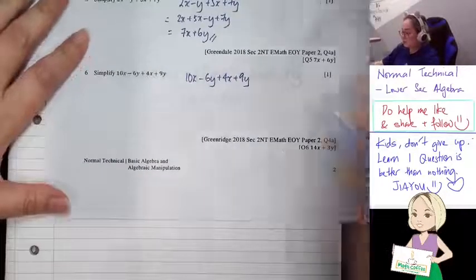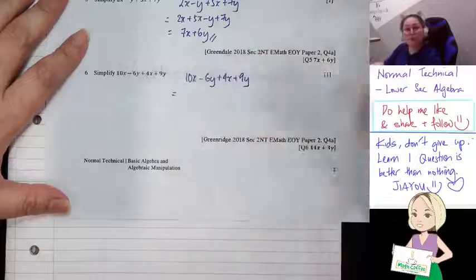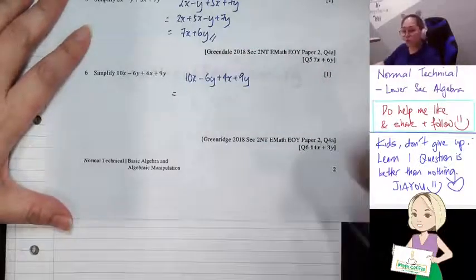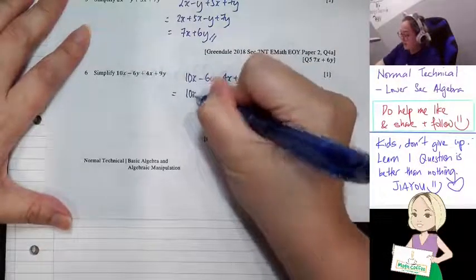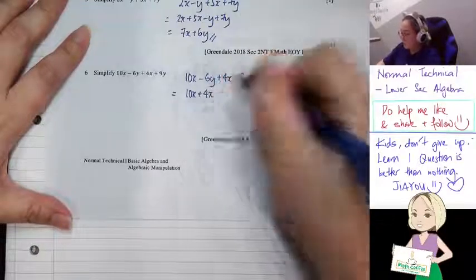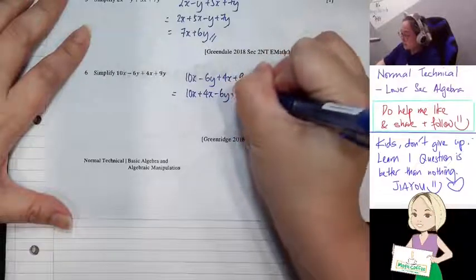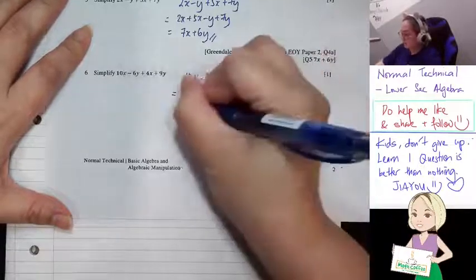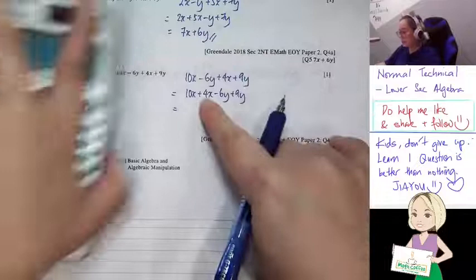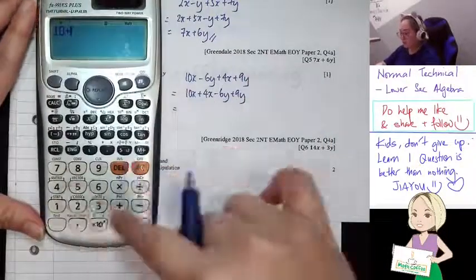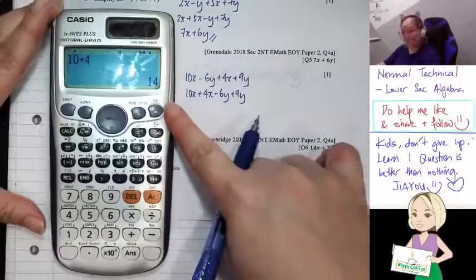Okay. So again, first thing we need to do is group the like terms together. So 10x plus 4x group together, minus 6y plus 9y group together. Then we can just press the calculator. This is just 10 plus 4, so we get 14.